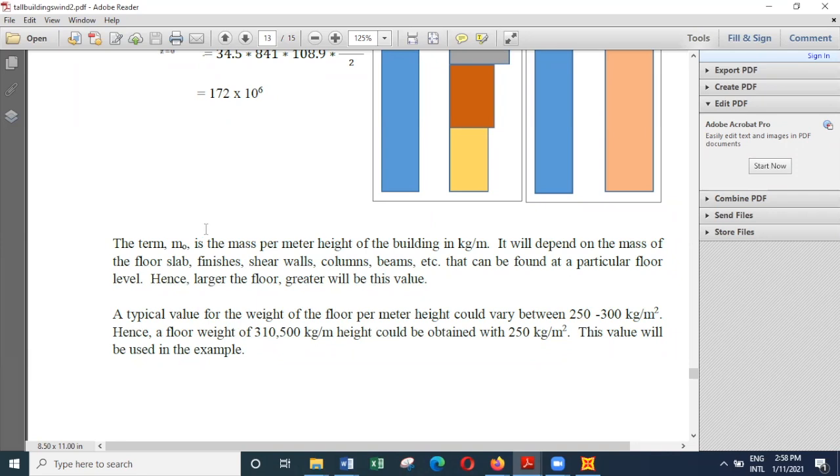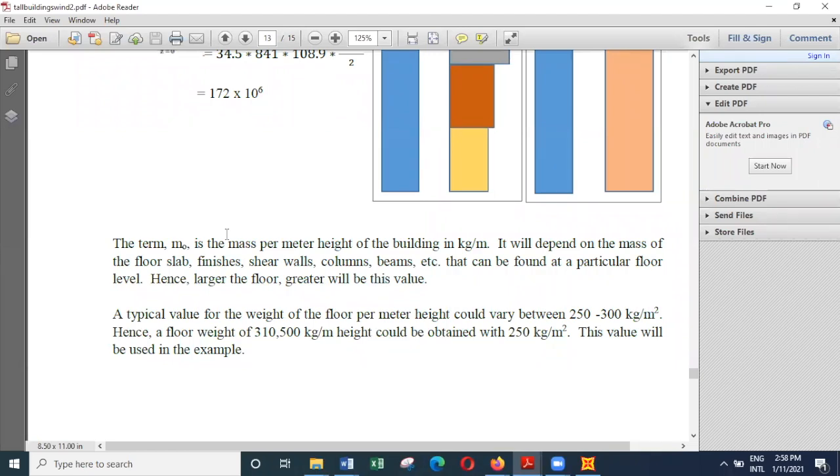We know in a building, the mass comes from the slab, columns, beams, finishers, services, all can contribute to the mass. So what we generally do is calculate the total weight of the building, and then the total weight of the building per floor, and that includes the weight of the shear walls as well.